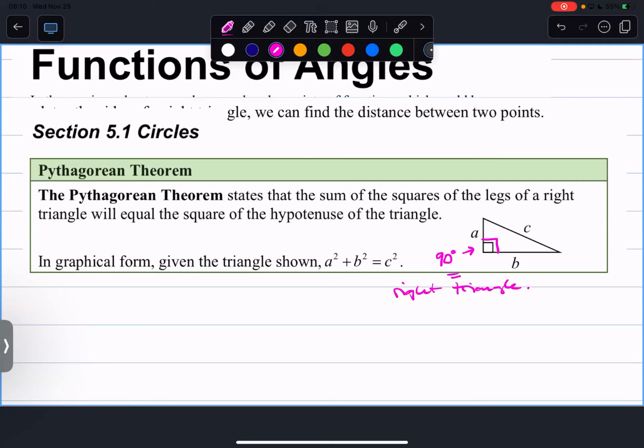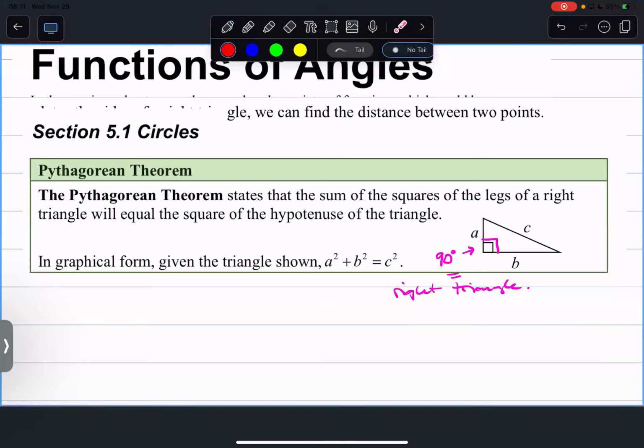Which is equal to a right triangle, just in words. So the sum of the squares, so if you add up a squared plus b squared equals c squared, but in words, we read it as the sum of the squares of the legs. So the adjacent and the opposite, not really.